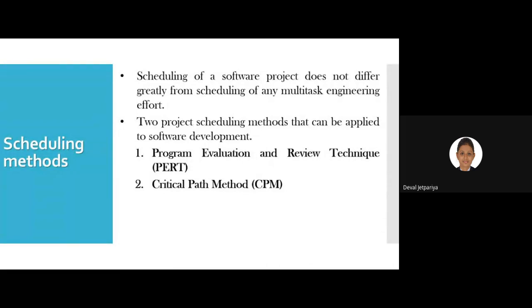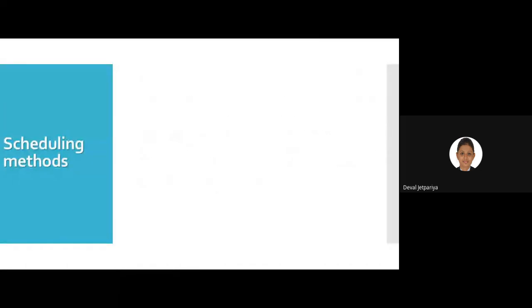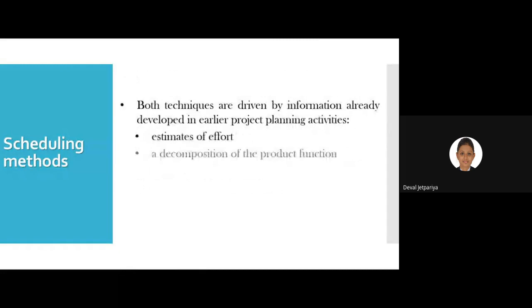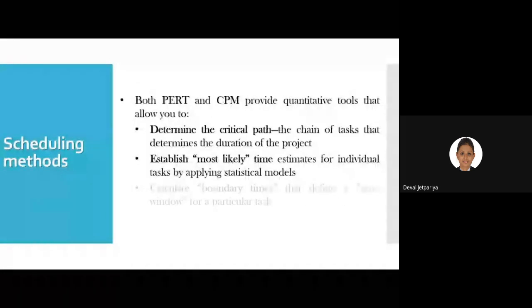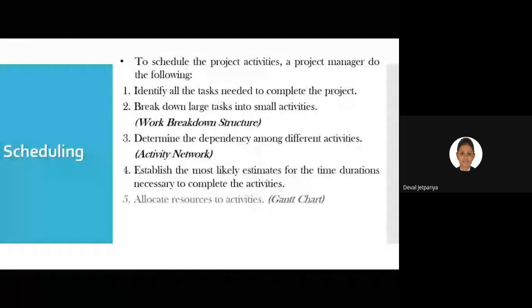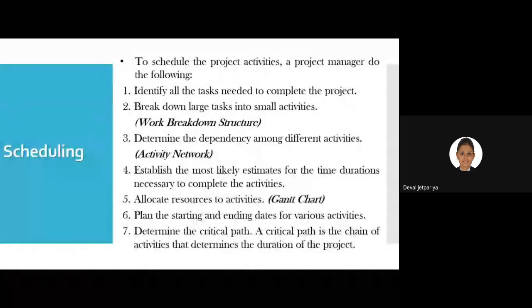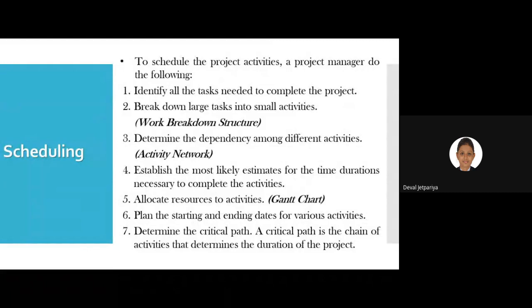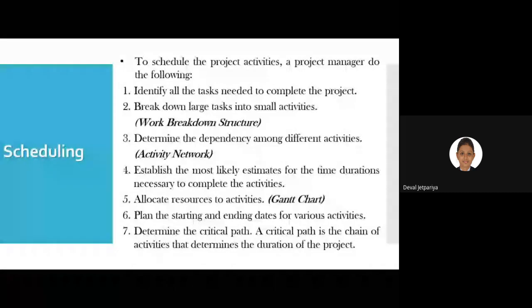Right, now we'll start with PERT, that is program evaluation and review technique. These two methods come under these two steps, work breakdown and activity network. After that, we'll start with the Gantt chart.